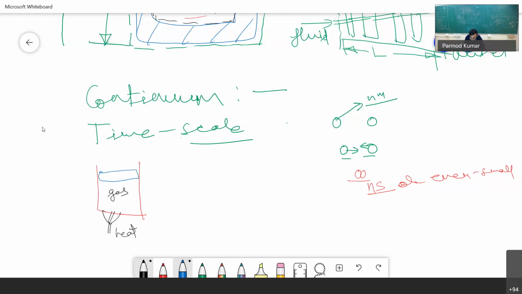Whatever time scale we have for the expansion of this gaseous medium, initially you can see this was the system boundary, and now this is our system boundary.